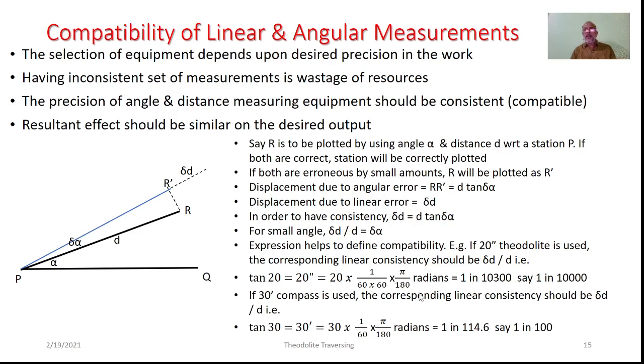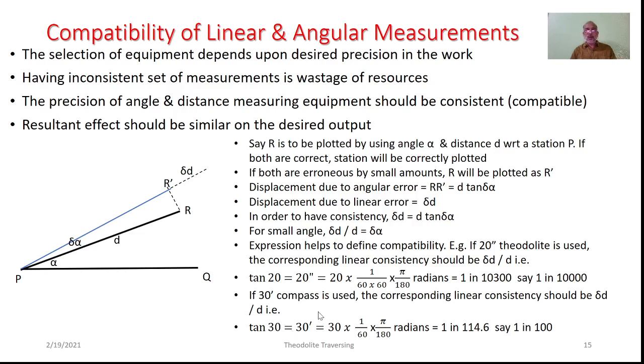The case can be understood more easily if we are going for a 30-minute compass, then this kind of precision won't be required, because the way you see the calculation, here the compatible linear measure is just 1 in 100.